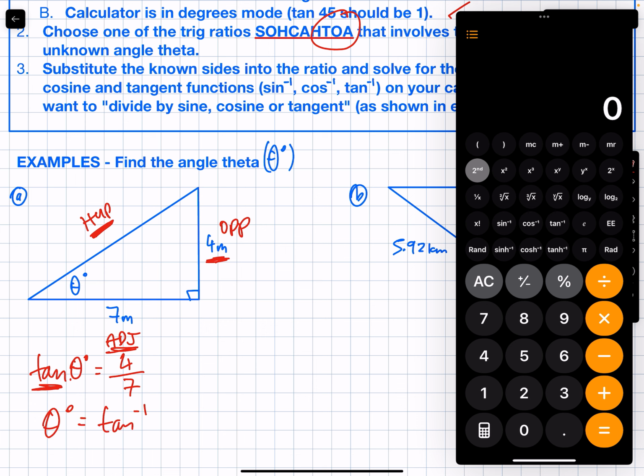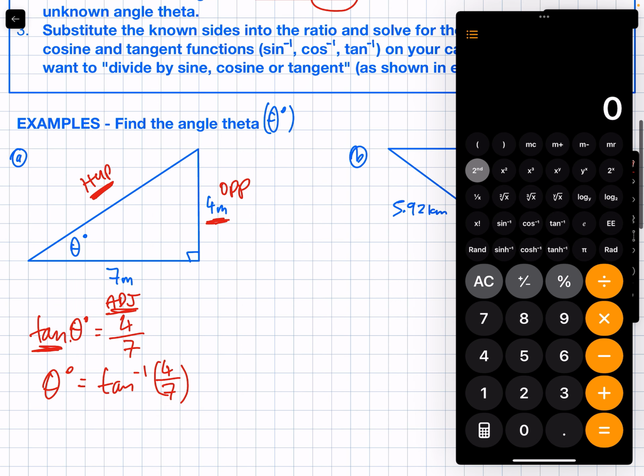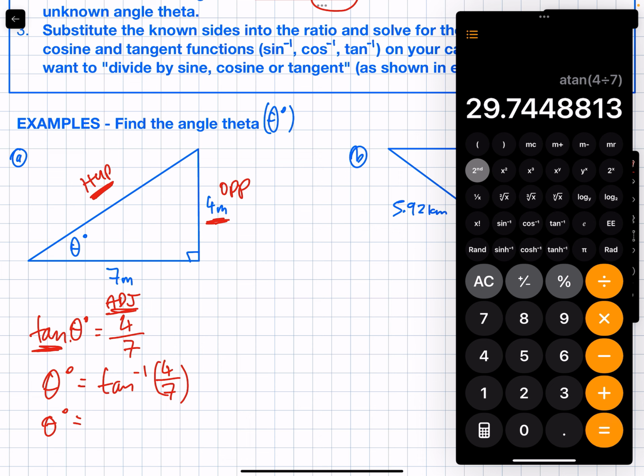Why am I using tan -1? Because I'm not allowed to divide by tan on my calculator. It can't handle it. Tan -1, 4 over 7. So I press tan -1, it says A tan, 4 over 7, and the bracket, equals, that's telling me that angle is 29.74 degrees to 2 decimal points.